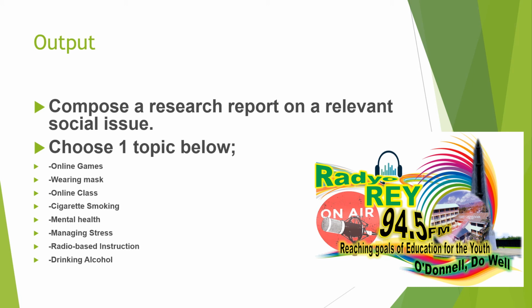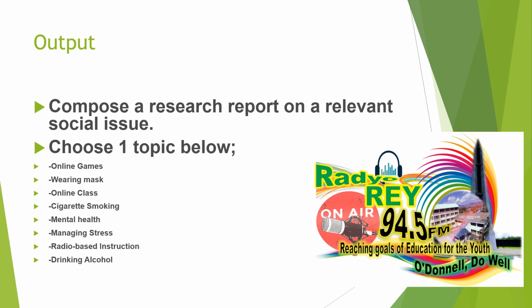Abstract, chapter 1. In chapter 1, we can see the introduction, statement of the problem, significance of the study, scope and delimitation, and of course the definition of terms. In chapter 2, we can see the related literature, related studies, foreign and local, and the conceptual framework.